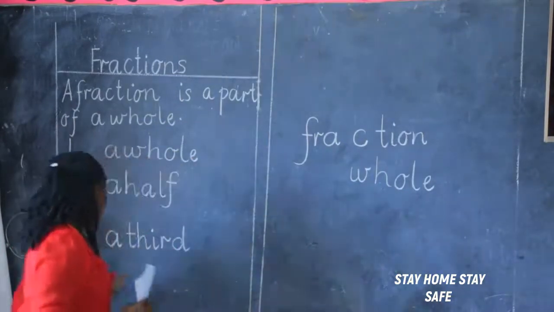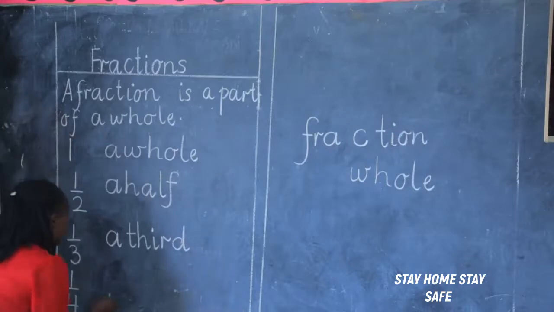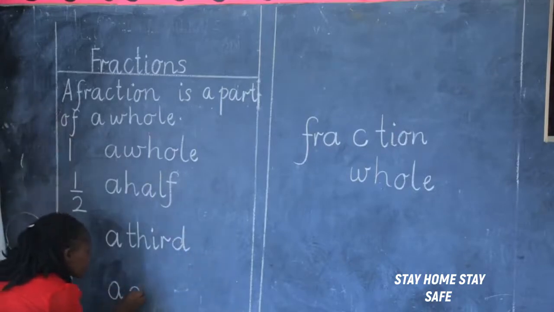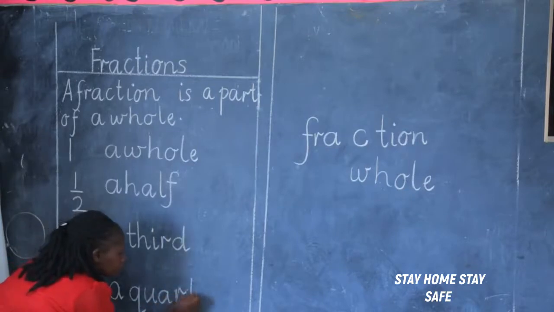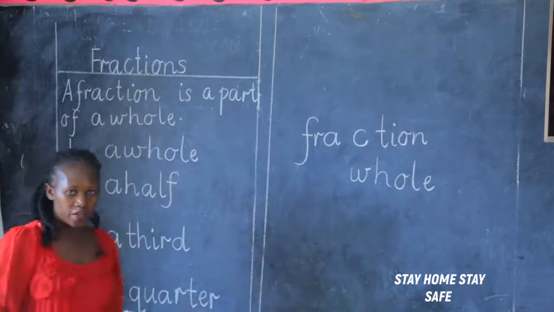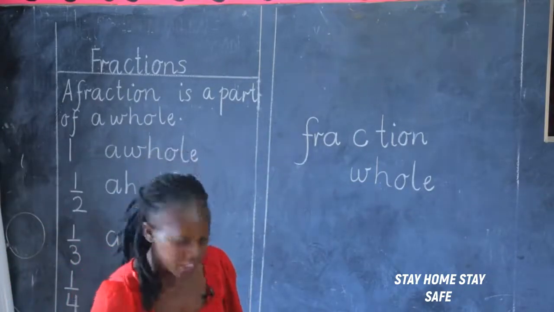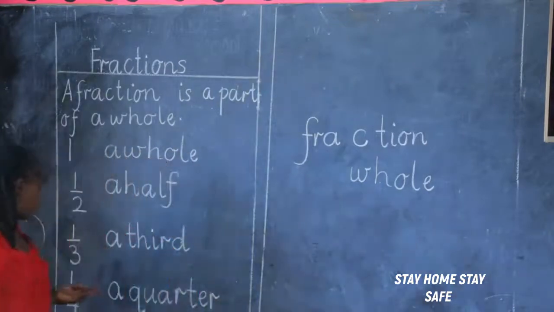Now, what name do we give to such a fraction? If I give out 1 out of 4 parts, it's called a quarter. Can we spell the word a quarter, all of us?